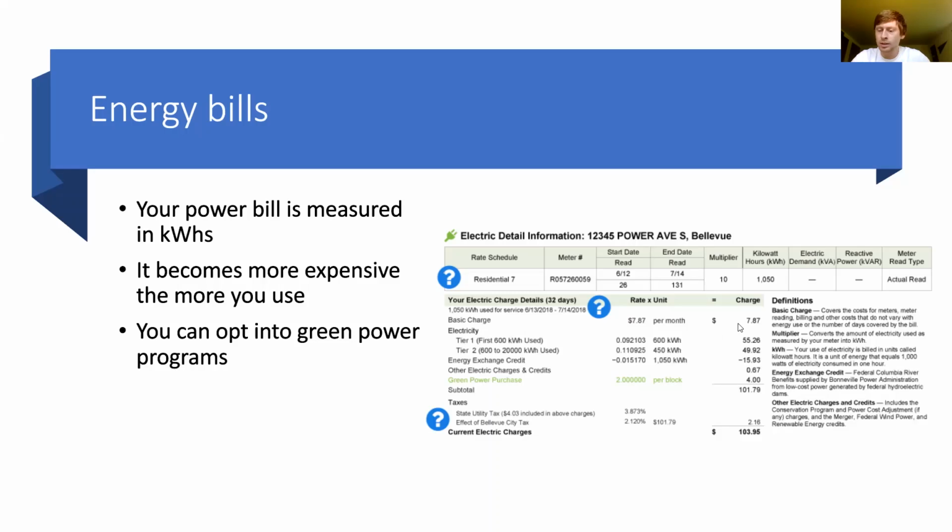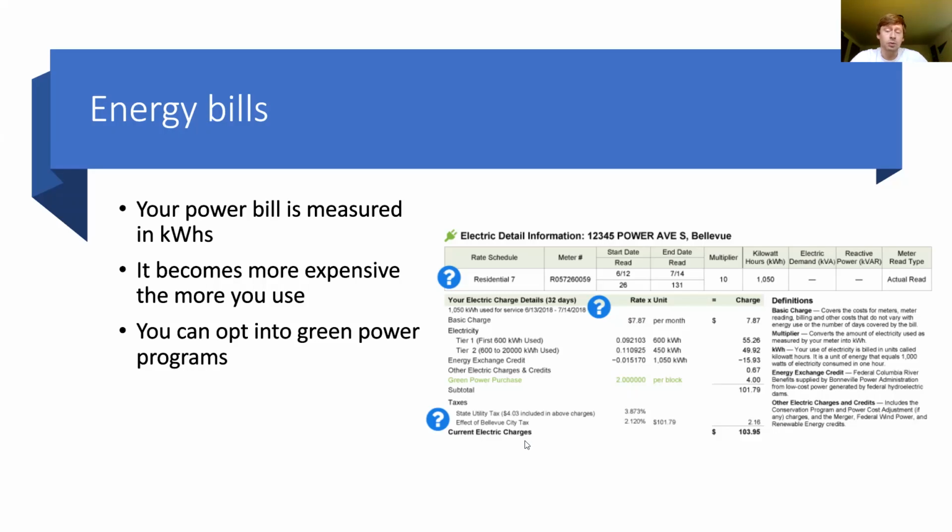Over here you can see on this bill, it measures 1,050 kilowatt hours for the month. Usually, it's a 30 or 31 day timeline for energy bills, and whatever's in that 30 days is what you get charged for.